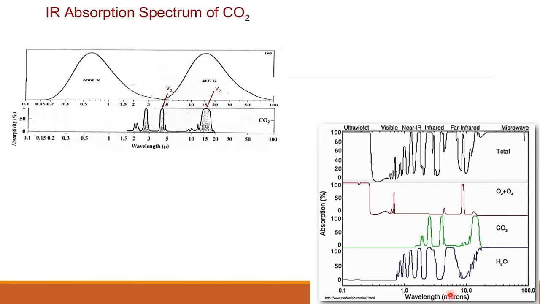And this is another graph showing the absorption spectrum of carbon dioxide as well as water vapor. Both these molecules absorb infrared radiation in the 2.75 micrometer range.